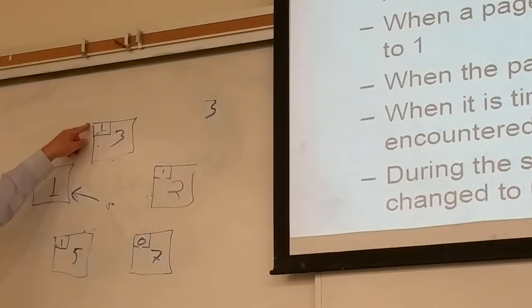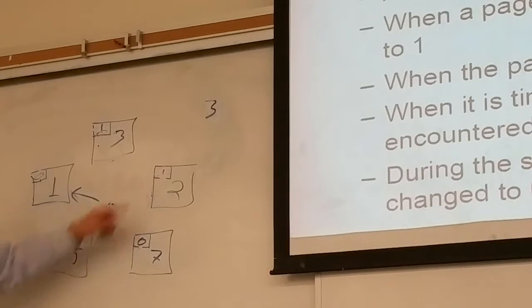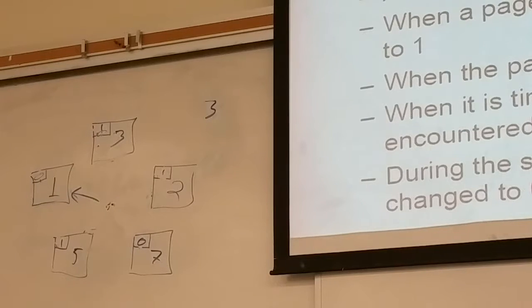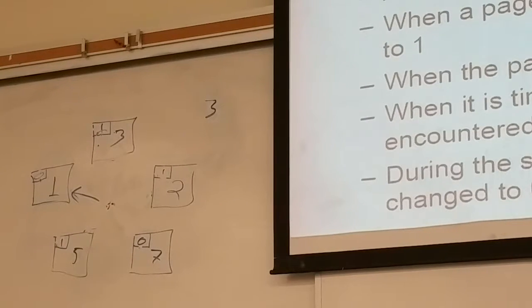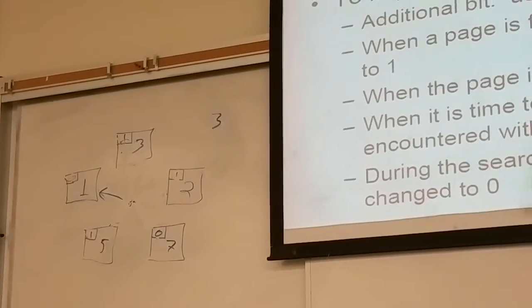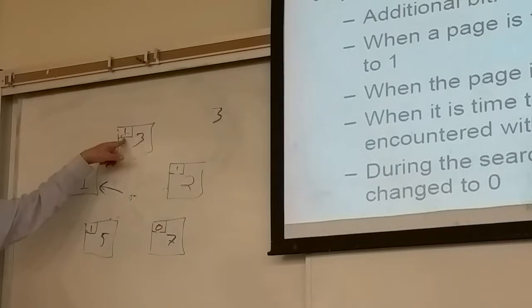Is it a 1? Yes. Set it to 0, increment the pointer, until you get a 0. Every time you insert the new number of the page that is not there, you will set all the bits to 0, right? No. It's only setting it to 0 if its use bit was set when it was searching.